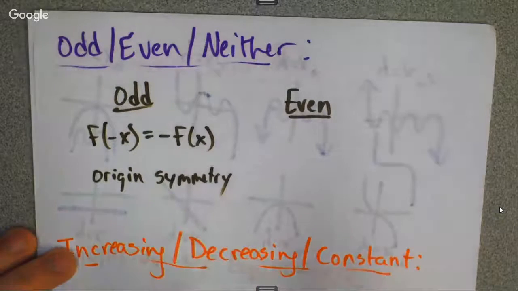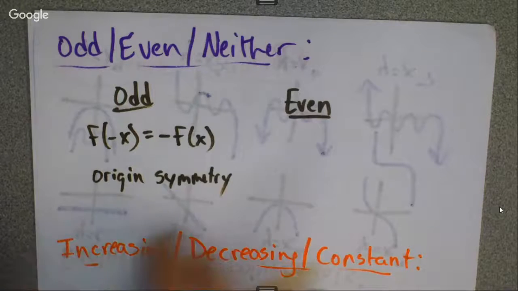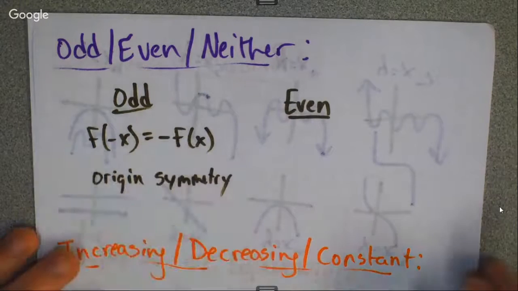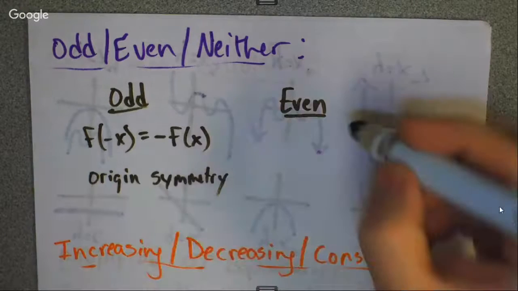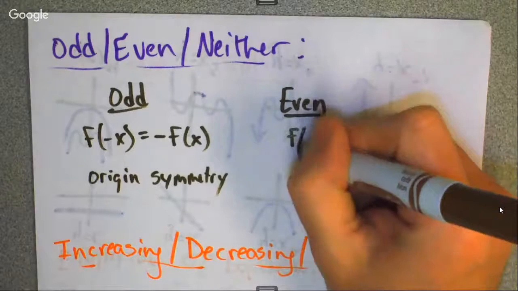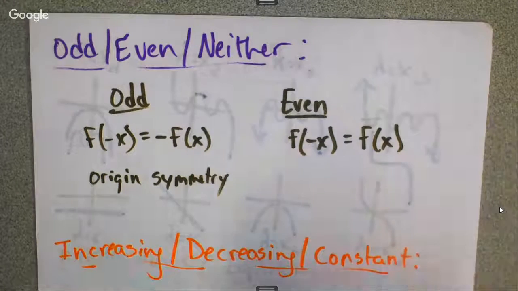Kind of like when we did the x, y, and origin symmetries. This is the same type of thing. Okay, so it's got symmetry around the origin. With an even function, you're going to plug in negative x, and you will get out the original. Okay, nothing will change.